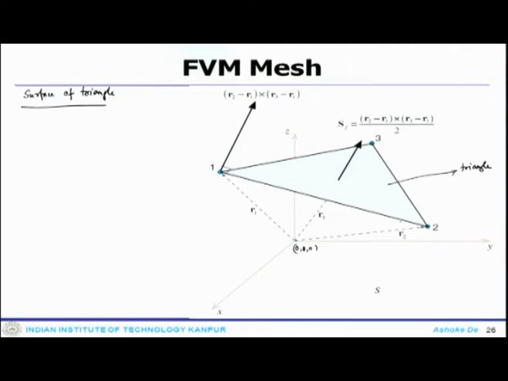So, once you say that, then you can calculate the normal vectors. At 1, this would be the normal vector, and this is the surface vector, and how you can calculate the surface vector.